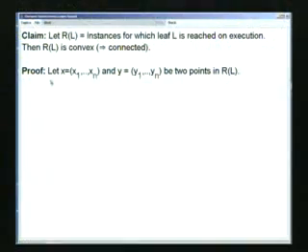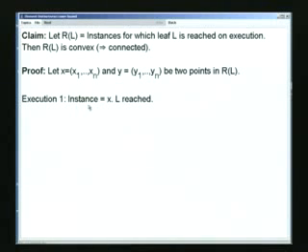So, here is the proof. Suppose x and y are 2 points in this region R. I am going to consider 3 executions. In the first execution, the instance is going to be x. What do I know about this? I know that L is reached, by our assumption that x and y are points in R of L. So, when I finish this execution, I know that L is reached.